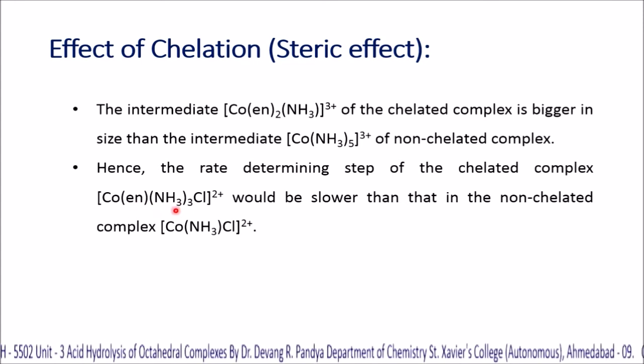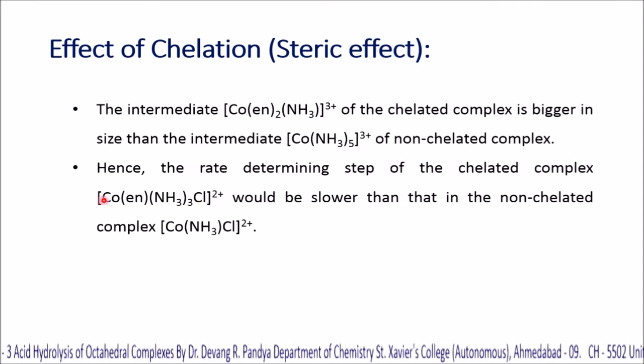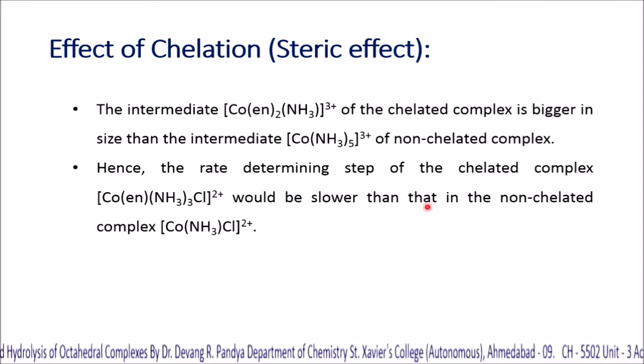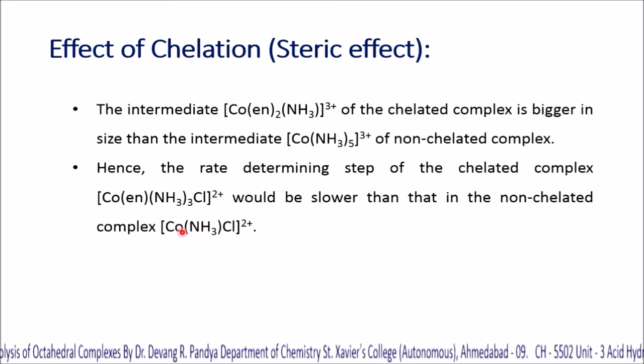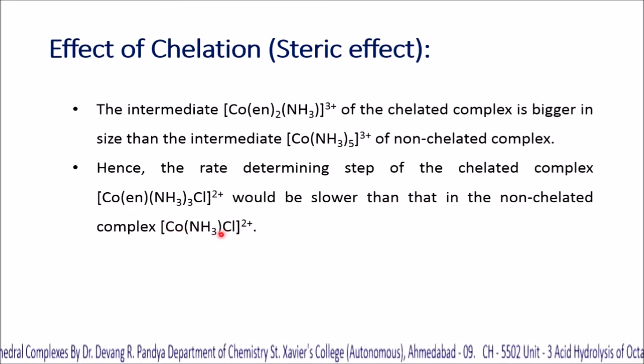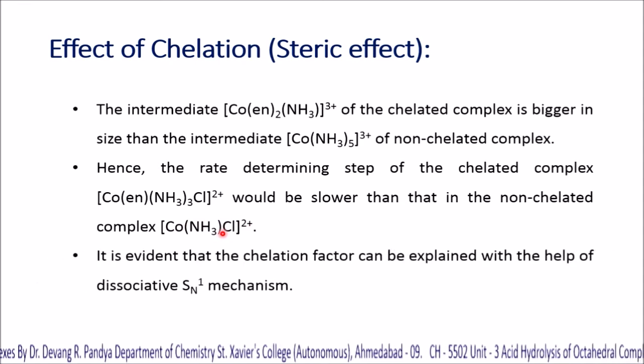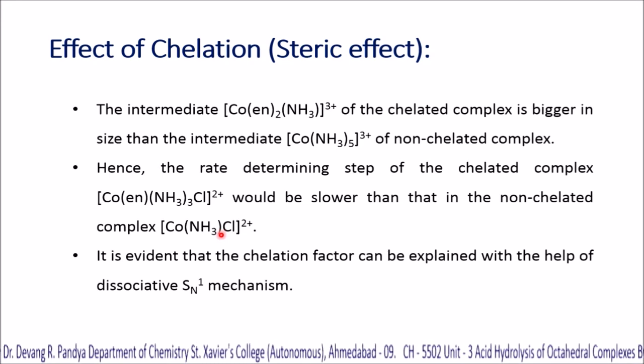If this complex, mono ethylene diamine triamino monochlorocobalt plus 2 complex, is there, it would be slower compared to non-chelated pentaamino monochlorocobalt plus 2. 5 is missing over here, that you need to mark. Take note of this. The subscript 5 should be over here.